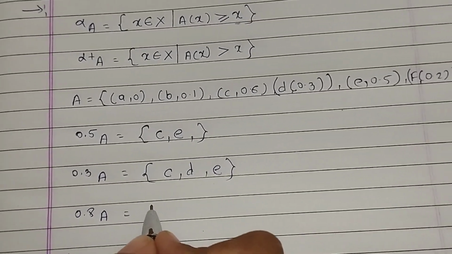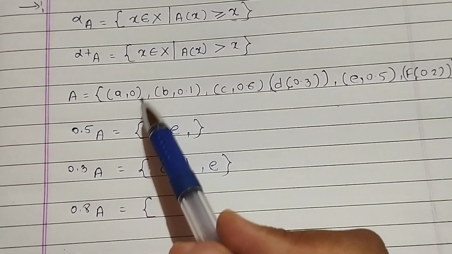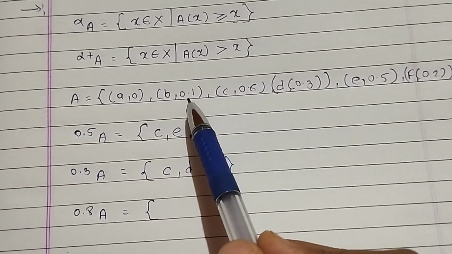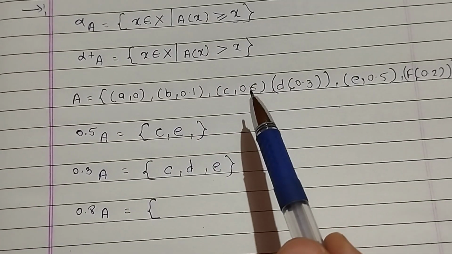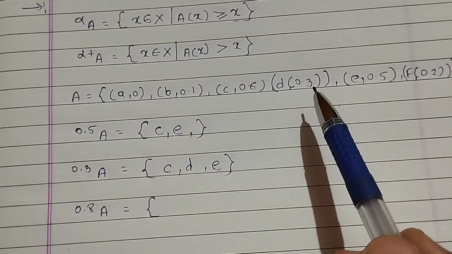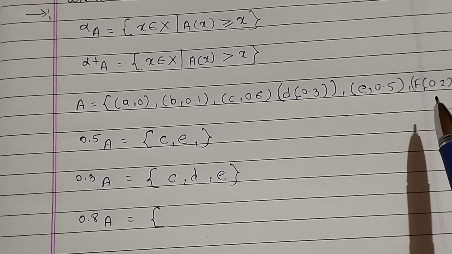Now we move to the next alpha, which is 0.8. Again we check. Is 0 greater than or equal to 0.8? No. 0.1 is also not greater than 0.8. Again 0.6 is also not greater than or equal to 0.8. 0.3 is also not, nor 0.5 and 0.2.